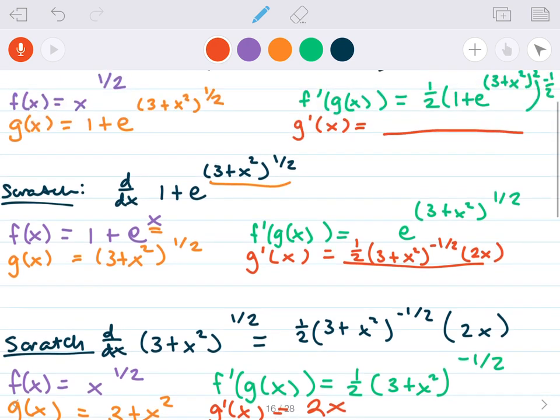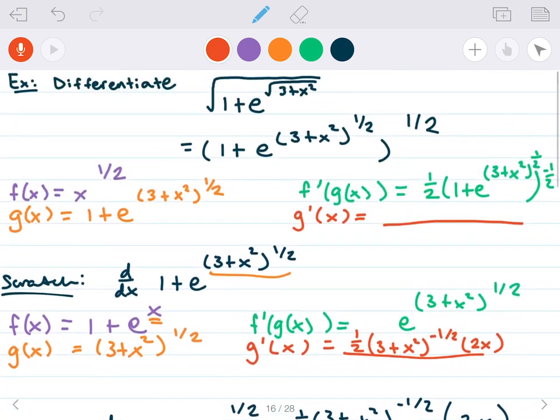Okay, so now that I have that information, I can go back and use the chain rule to figure out my original g prime of x. So I do that by just multiplying these together.